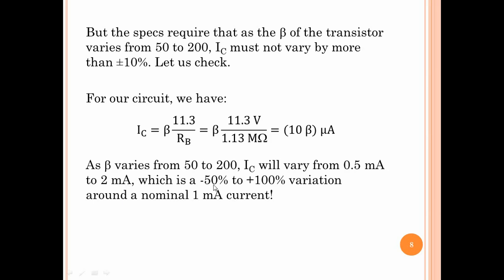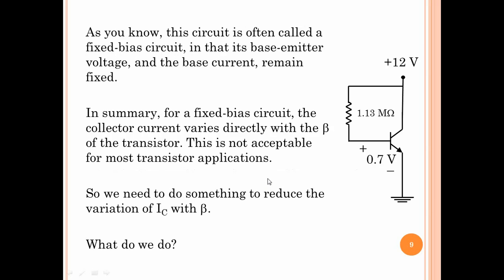This is a minus 50 to plus 100% variation, not anywhere near the 10% that we desire. It's obvious from here that IC varies directly with beta. So beta varies from a nominal of 100 to 50 and 200, and IC will vary by the same fraction, so 50% and 100%. Not good, so this is not a good enough design.